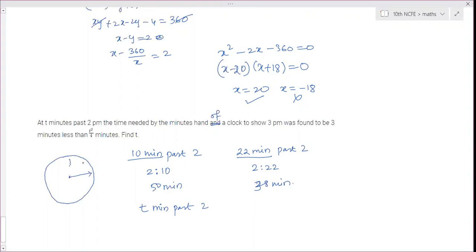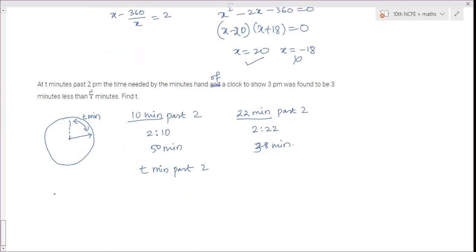So this is t minutes duration. Now how long will it take to complete 3 o'clock? Have you got 38 minutes?